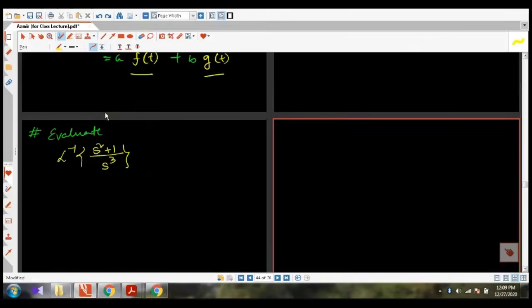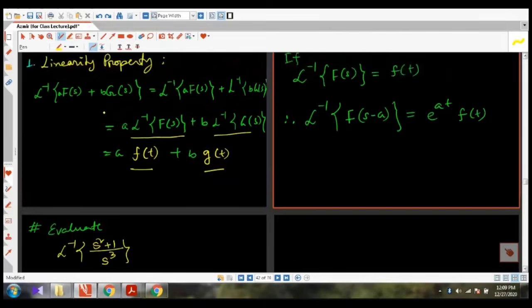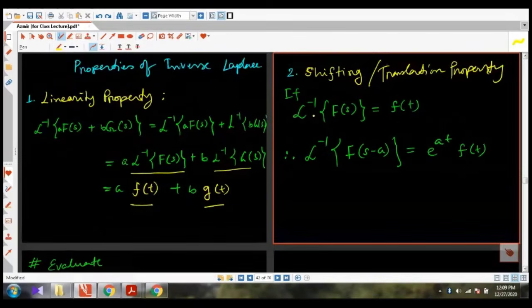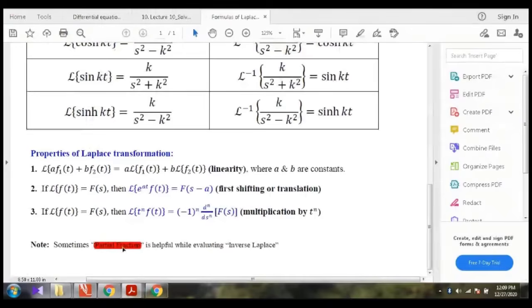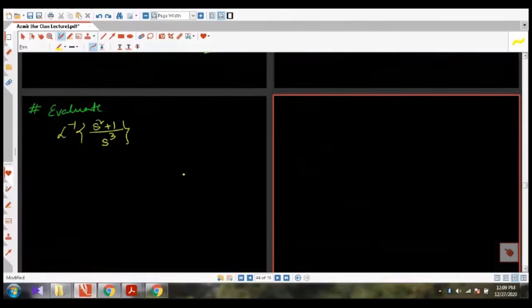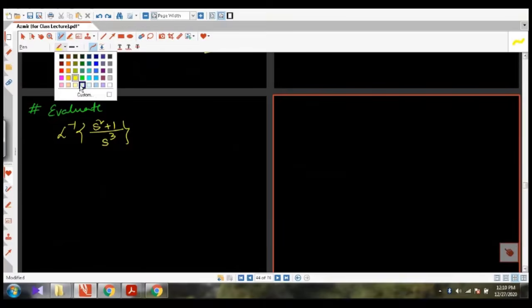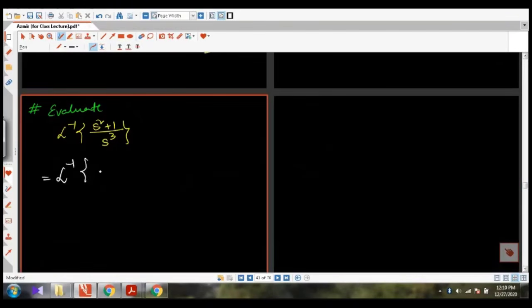But we have the properties. The linearity property, and we can also use the shifting property. Sometimes, in order to solve the inverse Laplace transformation, we may have to use partial fraction. These are the requirements we need to have previously. Here we can just separate like this.